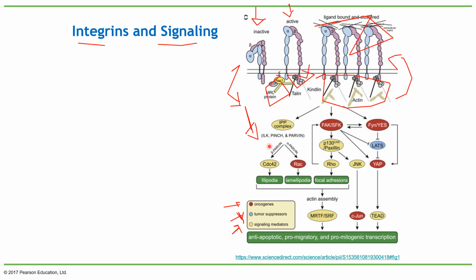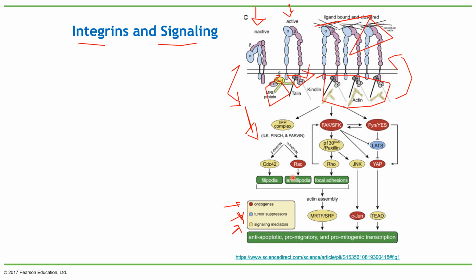So here you see how they transduce the signal, and they can produce these changes in cell behavior. Here you see again another pathway that we talked about last time, the JNK pathway, that can have an effect on apoptosis or the degree of mitosis in a tissue.